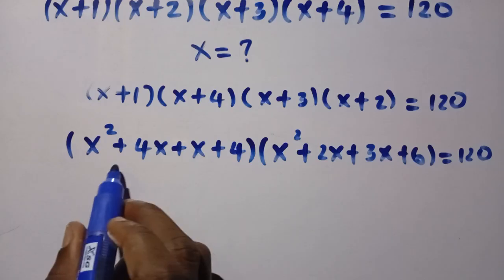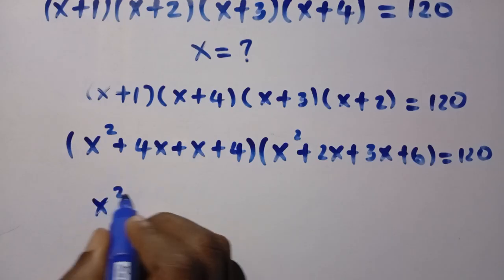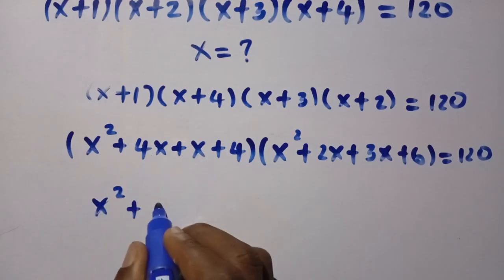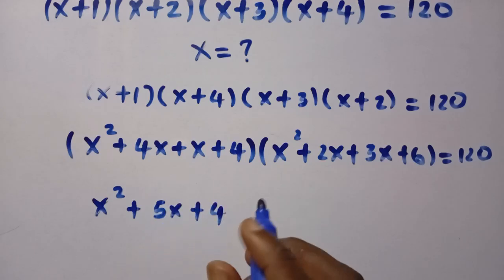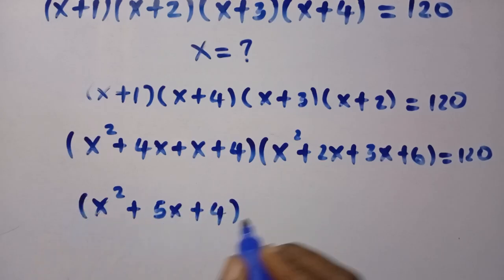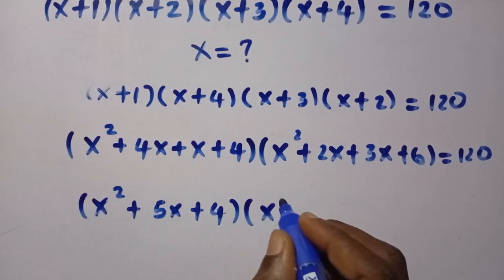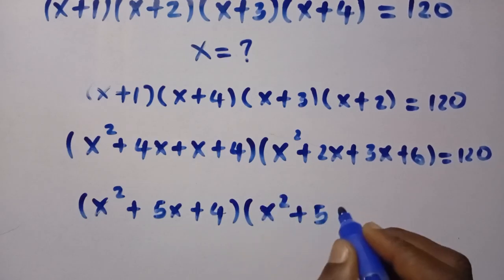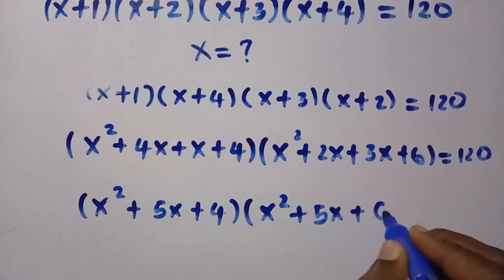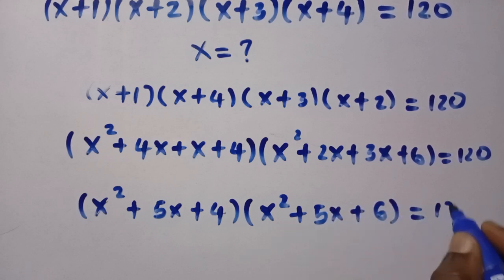Then this becomes (x squared plus 5x plus 4), in bracket, multiplied by (x squared plus 5x plus 6) equals 120.